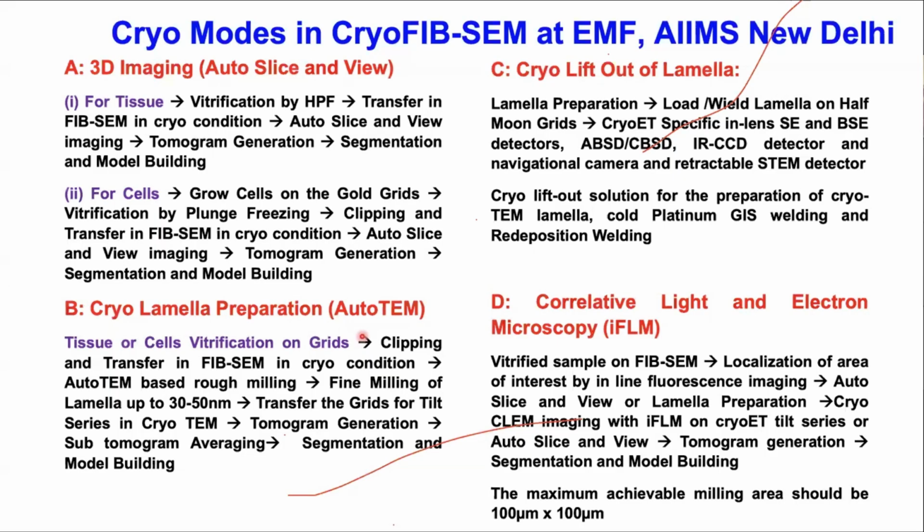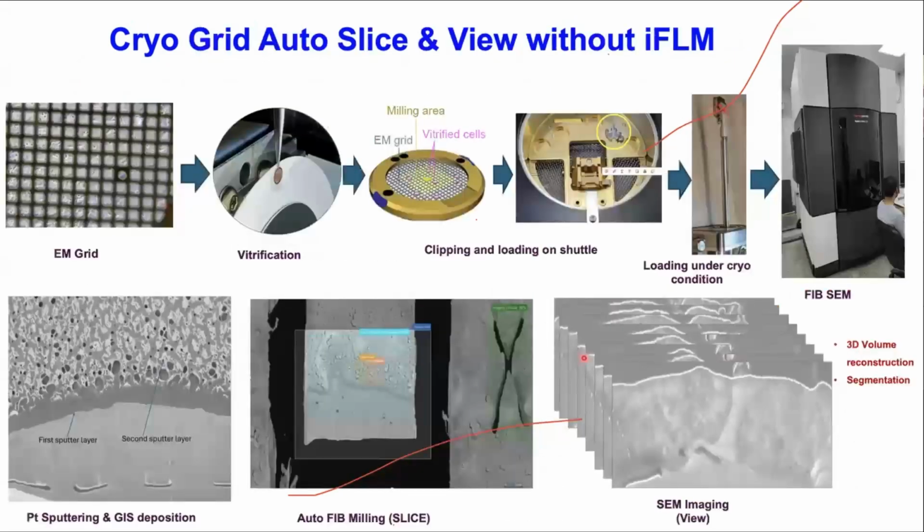You can generate the data for lamella preparation at this facility. Then lift out is a little tricky. As well as correlative light and electron microscopy, you can use with cryo lamella preparation. Coming to that, I'll detail how it's going to be useful.